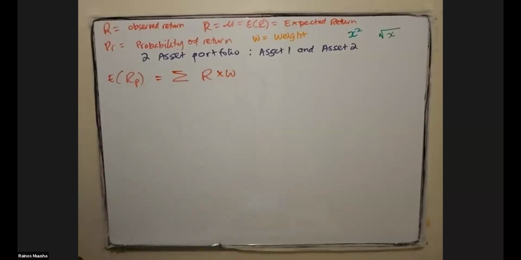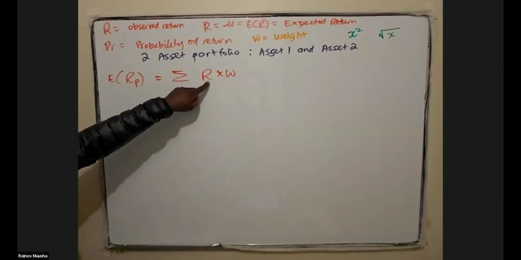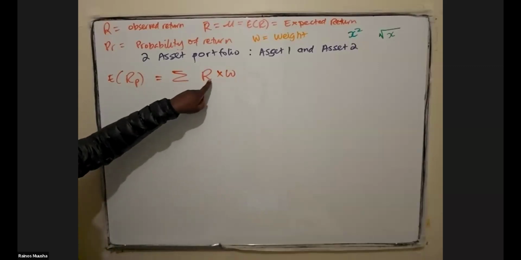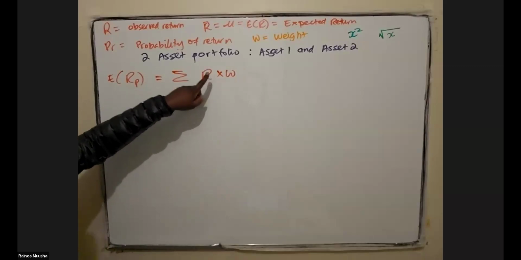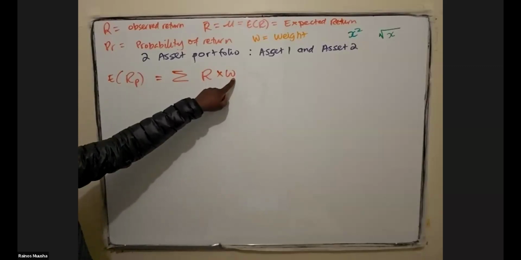So for each observed return of the asset, we say the return of the asset multiplied by the weight of the asset.